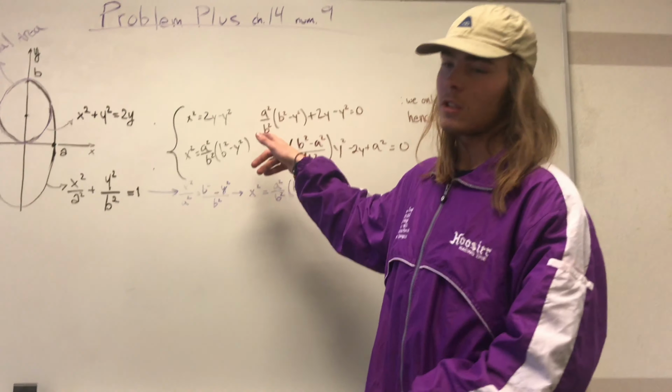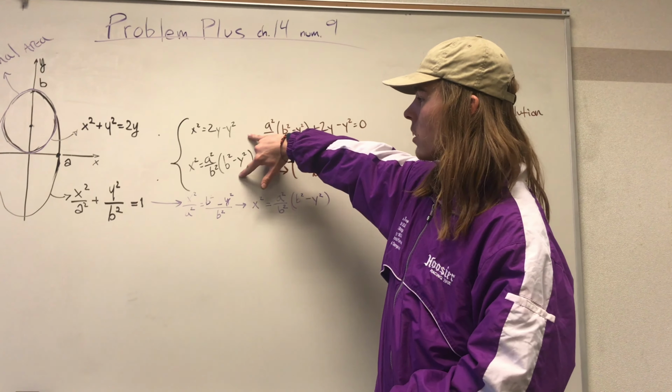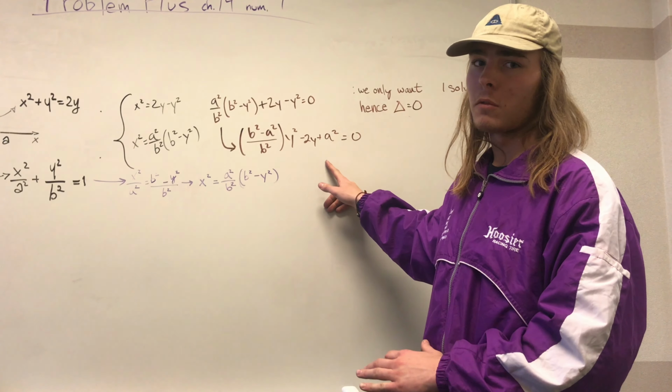Then, with this system, we can set them equal to each other because x squared is in fact equal to x squared. So 2y minus y squared is also equal to a squared over b squared times b squared minus y squared. From there we have an equation that's just going to end up working better for us in the long run.